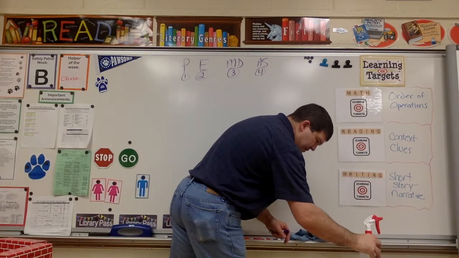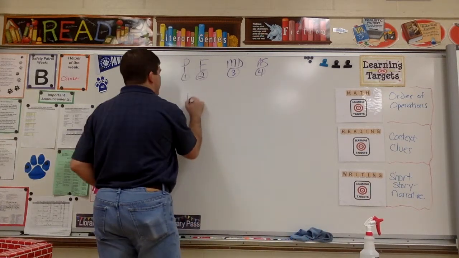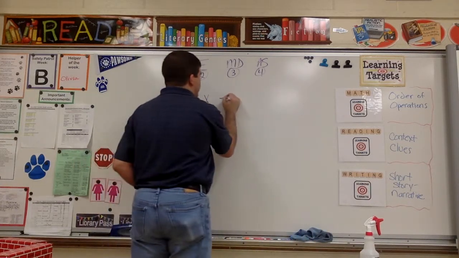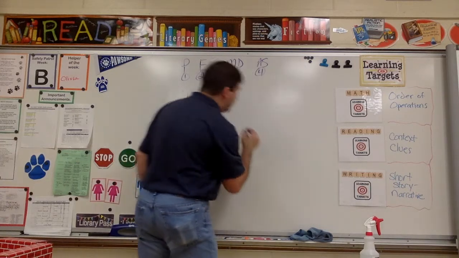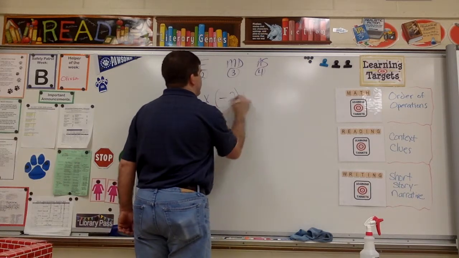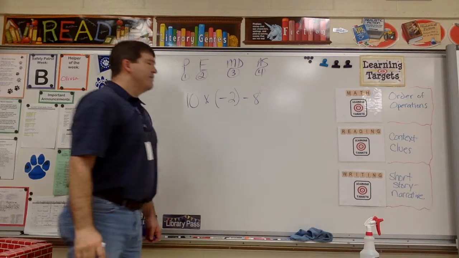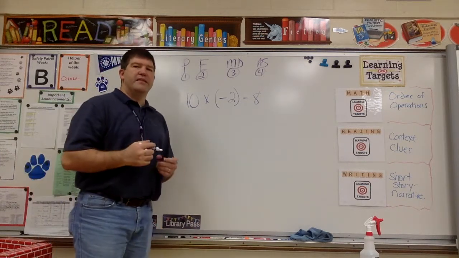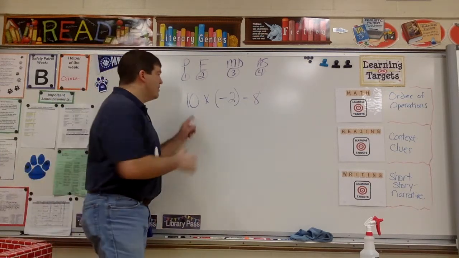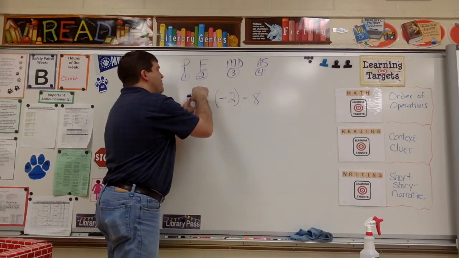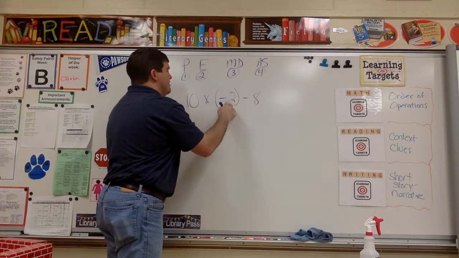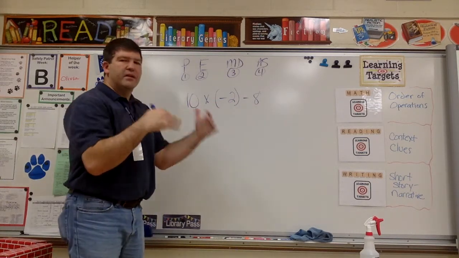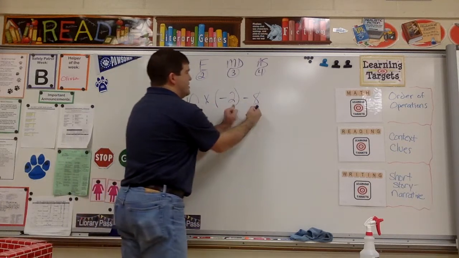Number 2 is 10 times negative 2 minus 8. Now, the other thing I want to really emphasize is that sometimes people like to jump, like, I'm going to do this to this, but you cannot jump numbers. You have to do whatever is next to each other.